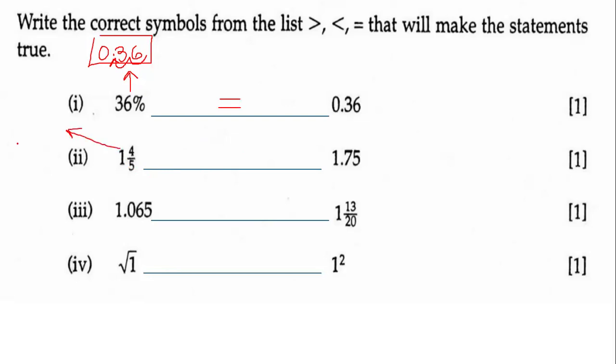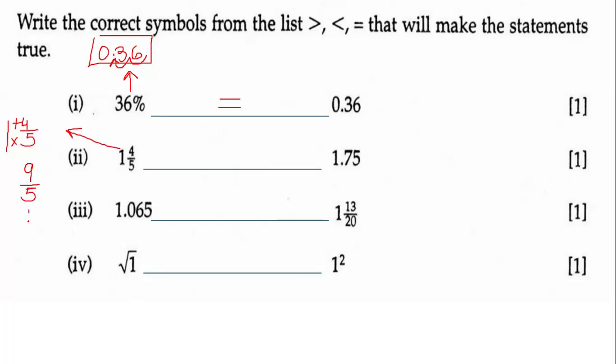So let's go ahead and do it. We have 1 and what? 4 over 5. Multiply by, add. 1 times 5 is what? 5. Plus 4. 9. So it's going to be 9 over what? 5. 9 over 5.